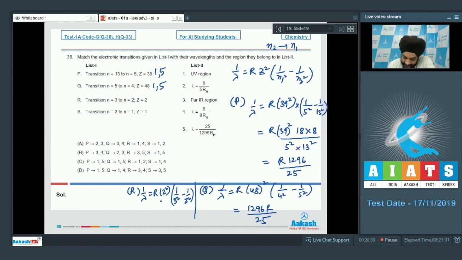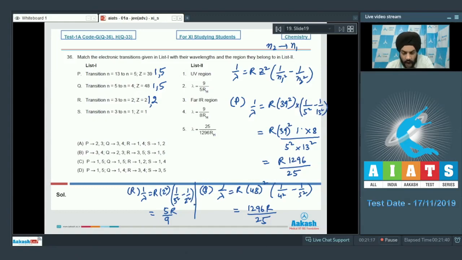So this on simplification will give us a value equal to 5 by 9 R. So if we talk about the value of lambda, students, it will be the one given in the second option. So 9 by 5R. So 2 will be matched, students. And this particular lambda also lies in the UV region. So 1, 2 will have to be matched with R.